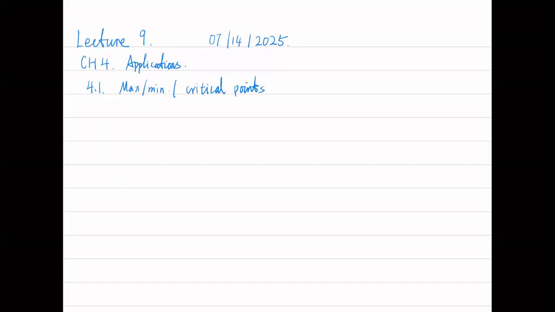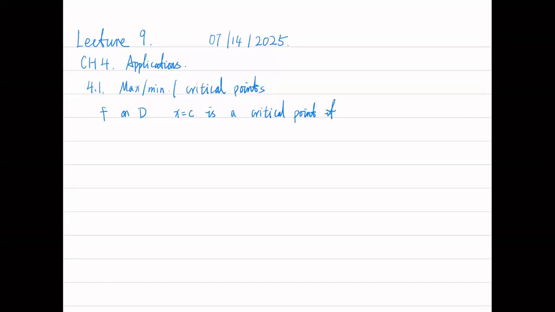So for a function defined on a domain, one point, we use C for this critical point. There are two cases.